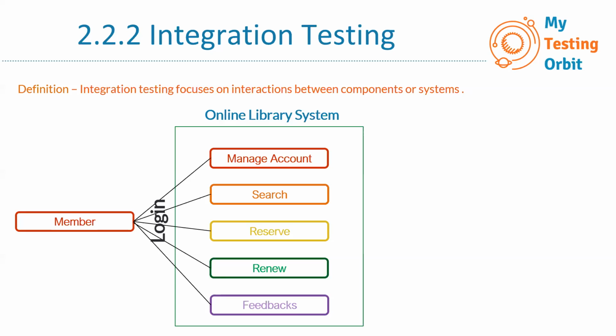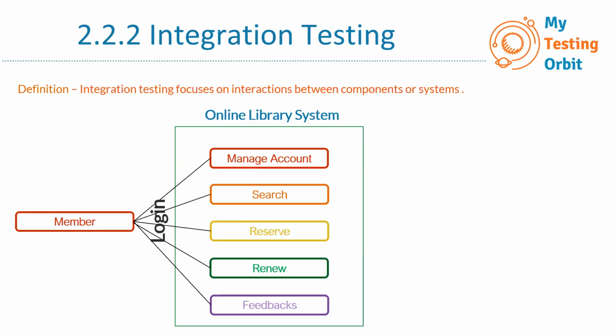So there can be one system which has multiple components, and integration testing can be performed on how the components are integrating and interacting with each other, or if there are multiple systems, we are performing integration testing on multiple systems. We will cover that in detail as well.